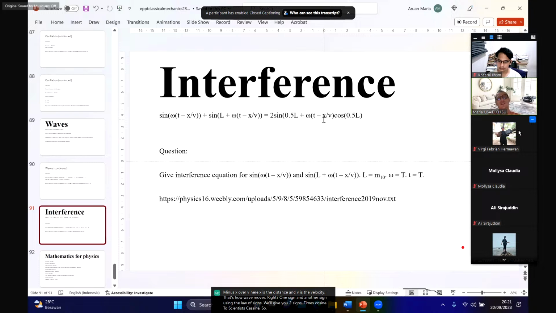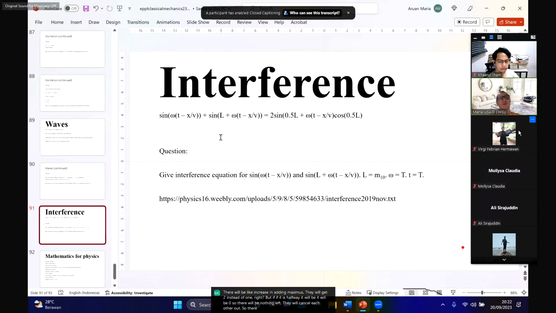So basically, it's just simple mathematics, but in fact, it shows you that if the difference in paths is proportional to the wavelength, there will be interference. There will be an increase, adding maxima. There will be 2 instead of 1, right? But if it is halfway, it will be 0, so there will be nothing left. They will cancel each other out.